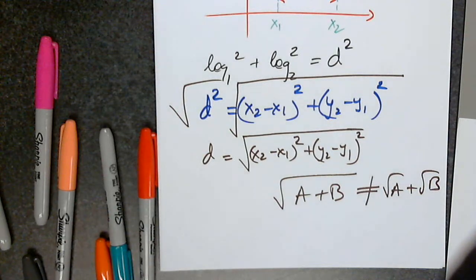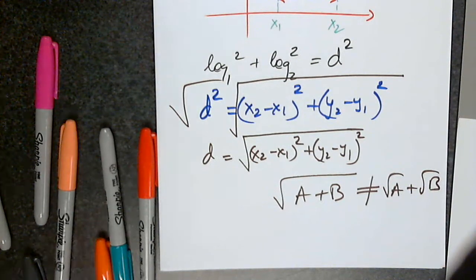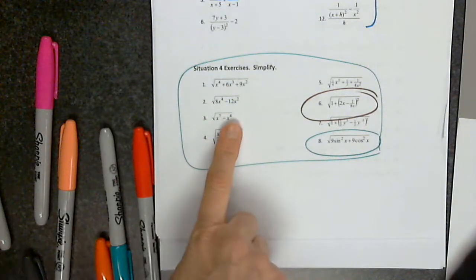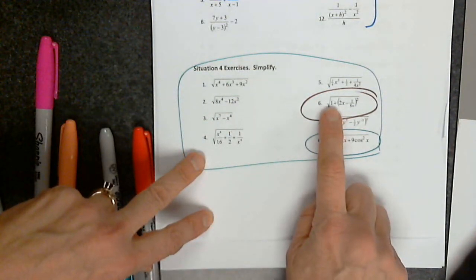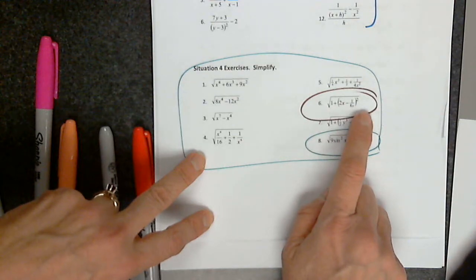Okay? The square root of a sum does not equal the sum of the square roots. And we know this from here. We reviewed this last time. How come we did not take the square root of 1 plus the square root of this? Because we can't.